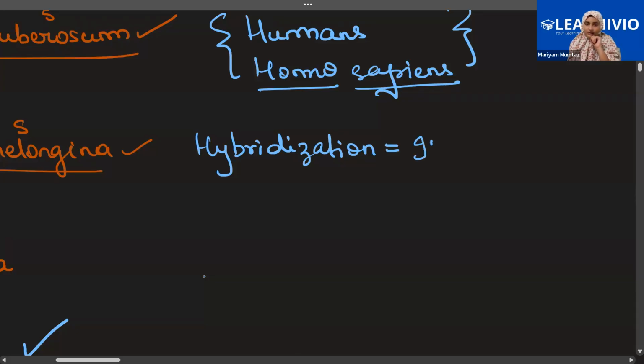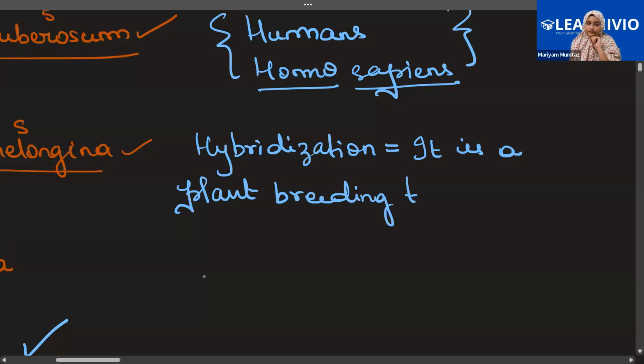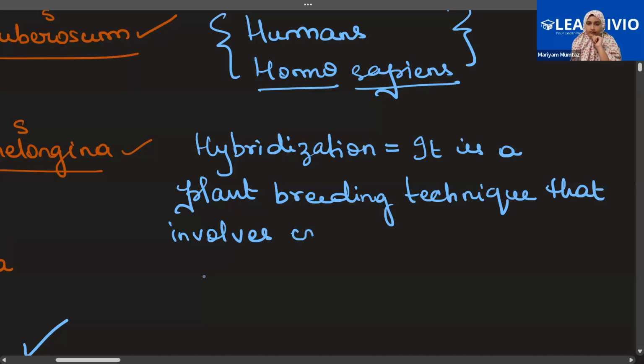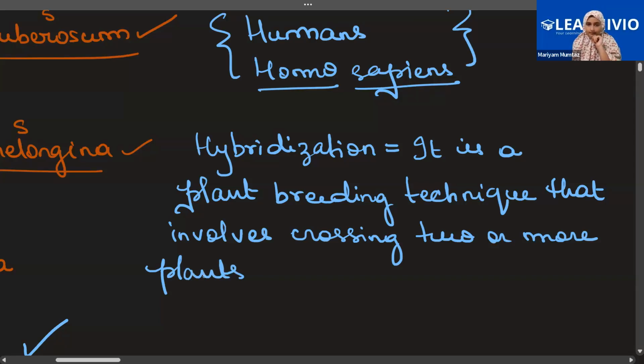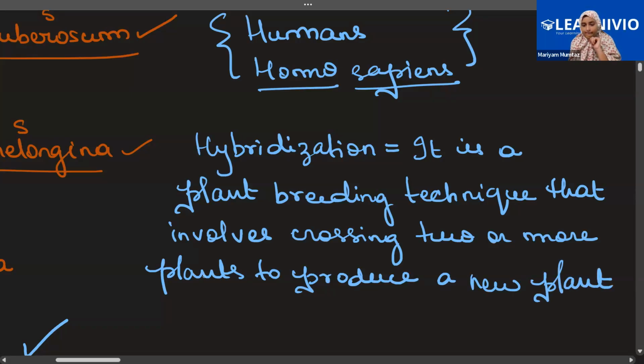So when we write about that, it is a plant breeding technique that involves crossing two or more plants to produce a new plant with desirable traits.